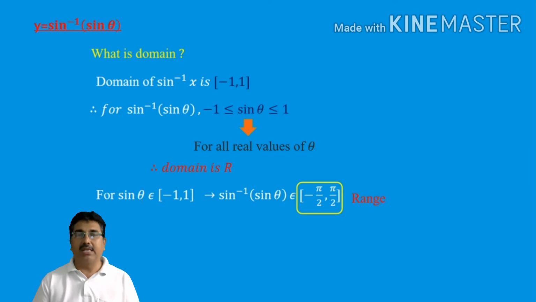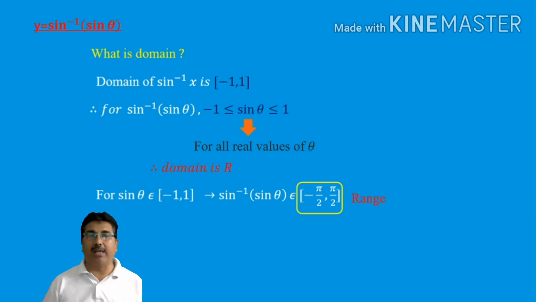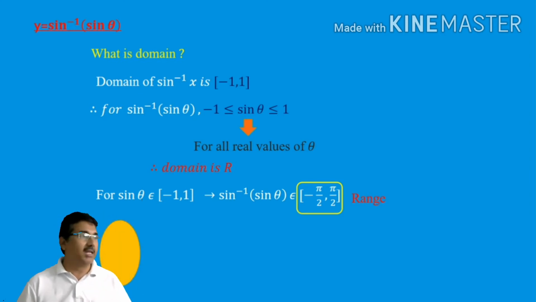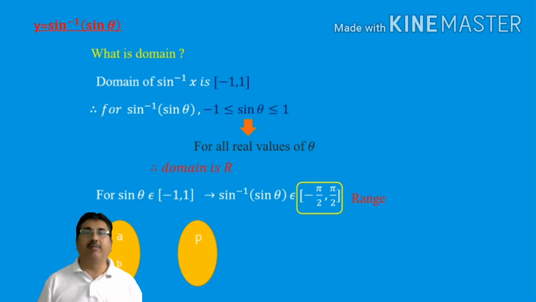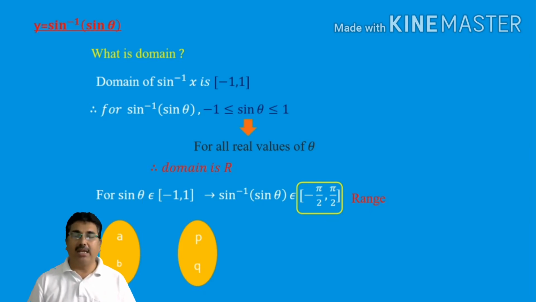Okay, for that, see one example. Let capital A and capital B be two sets. Set A contains two elements, a and b. Set B contains two elements, p and q. If f is a bijection from A to B, then f inverse exists and is a mapping from B to A. f of a is equal to p and f inverse of p is equal to a.